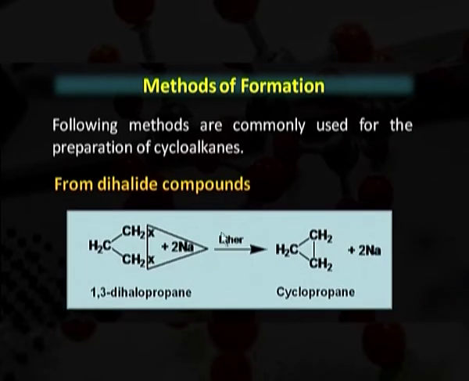In this reaction we have 1,3-dihalopropane, that is carbon 1, 2, 3, where carbon number 1 and carbon number 3 have halogen atoms. So, the name of this compound is 1,3-dihalopropane. When it reacts with sodium in the presence of ether, we finally get cyclopropane as the product of this reaction.